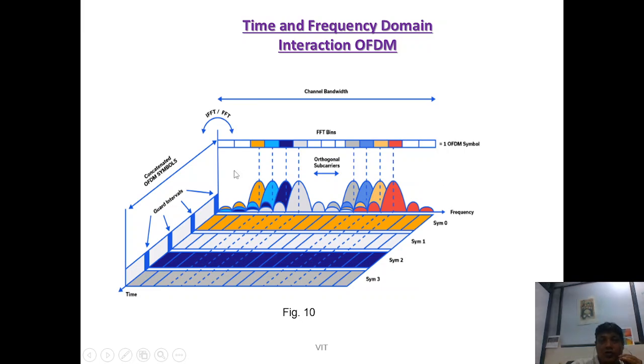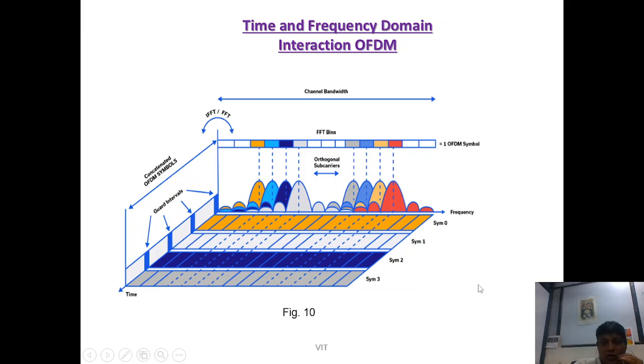So during this time 64 bits will be transmitted. After that, this one is the CP. Then the second symbol, the same 64 bits, then 64 bits here, 64 bits at this point in terms of time, then CP.